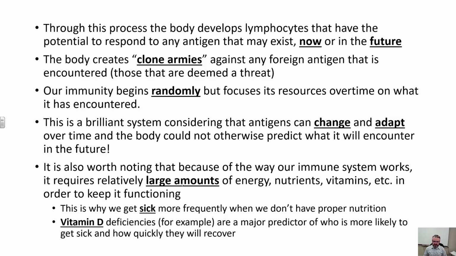So if you're deficient in vitamin D, which a large percentage of the U.S. population is, your developmental process and your ability to respond to pathogens in many different ways becomes hindered and less effective. And so when the body needs those resources most during an illness, you're going to be more deficient and unable to respond. And that could occur in the immediate sense or even over a long period of time. So just having proper nutrients of various different types of vitamins is a massive boost to the lymphocyte development process.